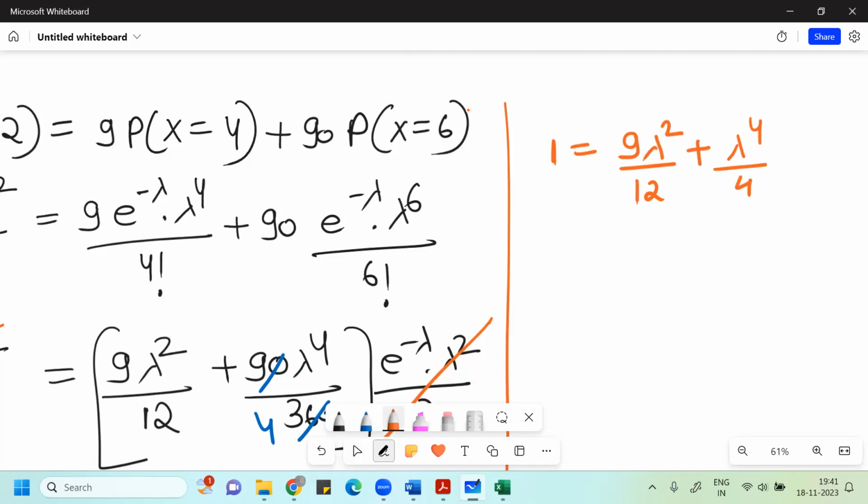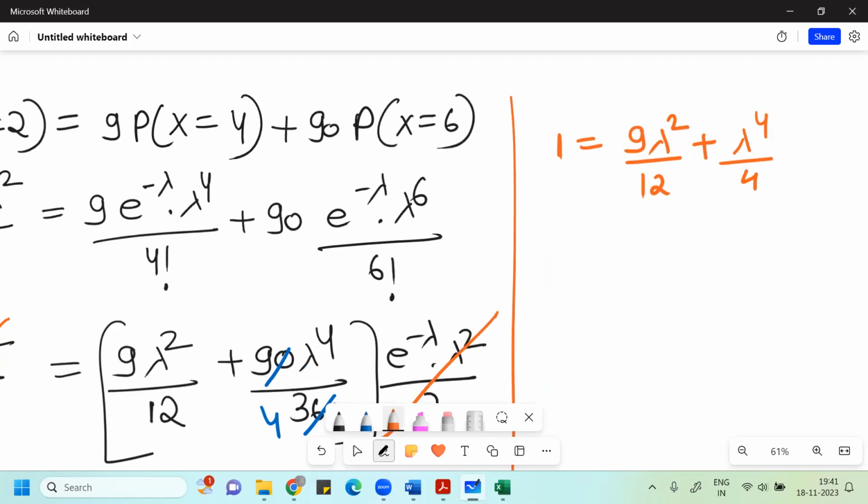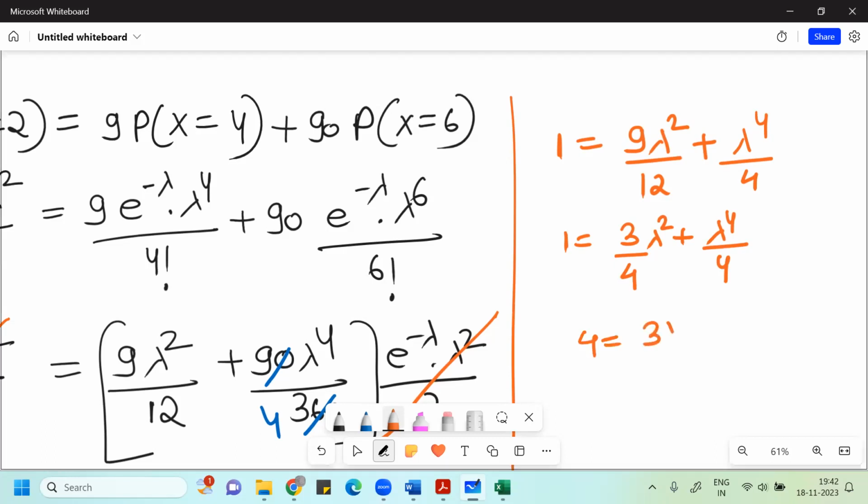Correct? Okay. Now if I take 12 as LCM, this I can write as 3 by 4 lambda square plus lambda to the power 4 by 4. If I take 4 as LCM, this would be 3 lambda square plus lambda to the power 4.